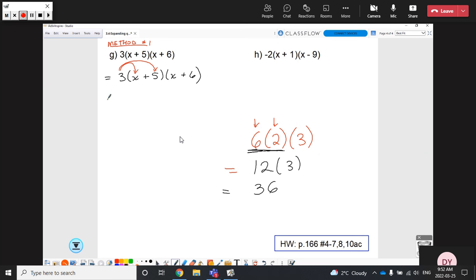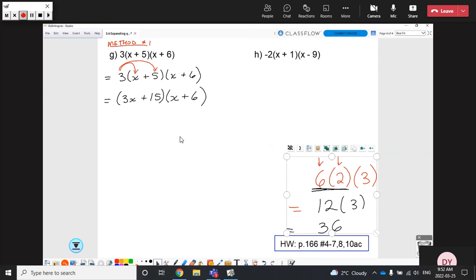So we end up with 3x plus 15, and then x plus 6. And from here, we're just going to FOIL this. Expand it, simplify it. Here we go.